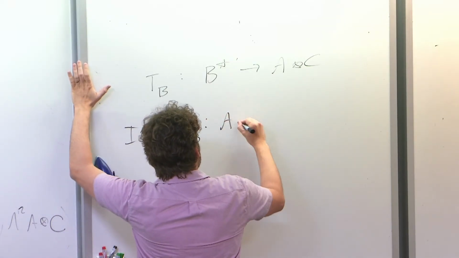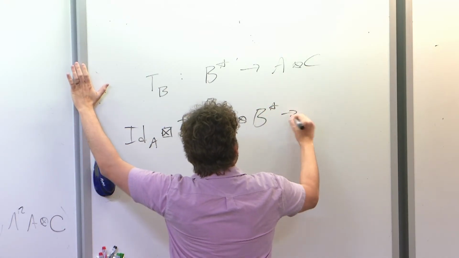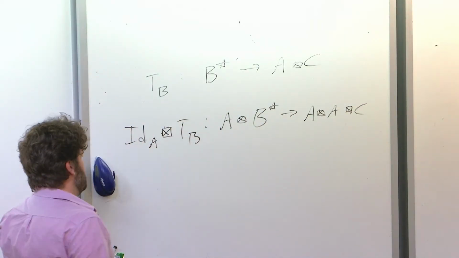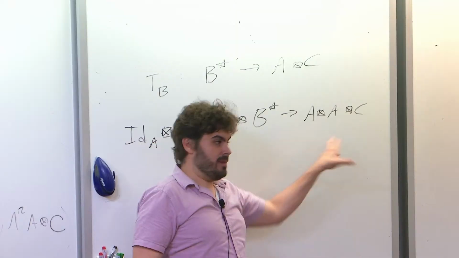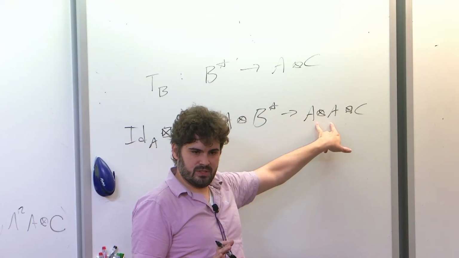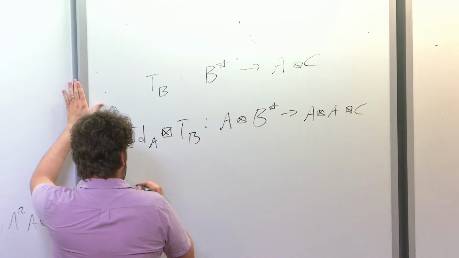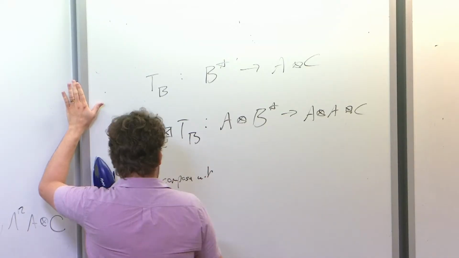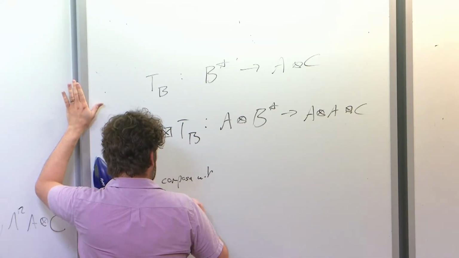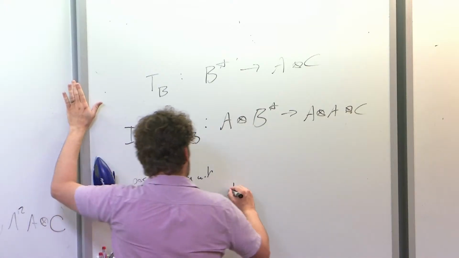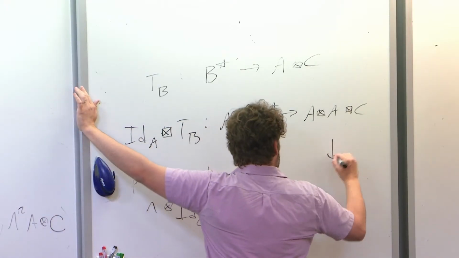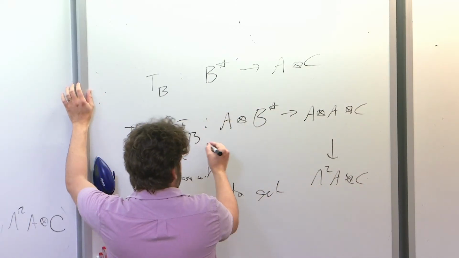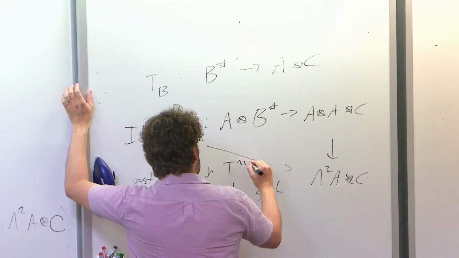This is from A tensor B dual to A tensor C. And as the last thing, I want to post-compose this map with the wedge map on these two factors, wedge tensor identity on C, to get down to wedge 2 A tensor C. So the whole map here is what I call T_A^∧1.